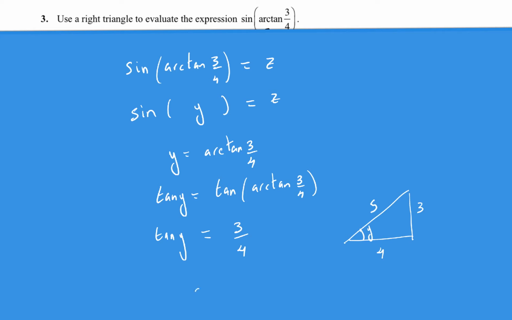So the sine of y is opposite divided by the hypotenuse. What we are looking for is 3/5. This is the result. Okay, the problem is solved.